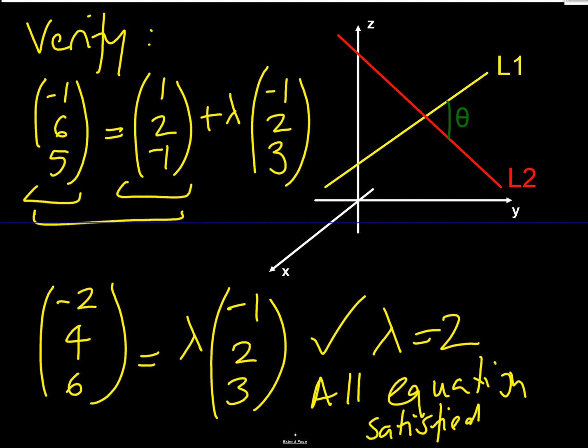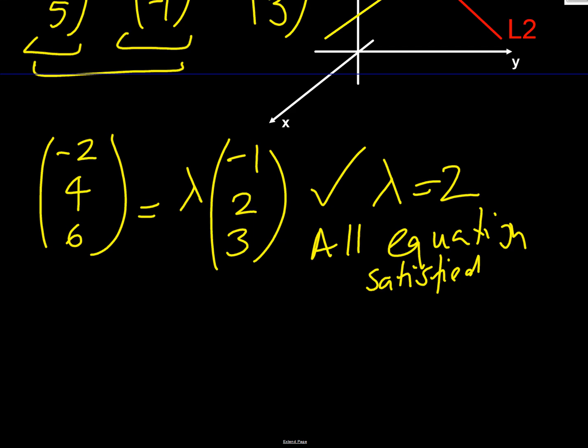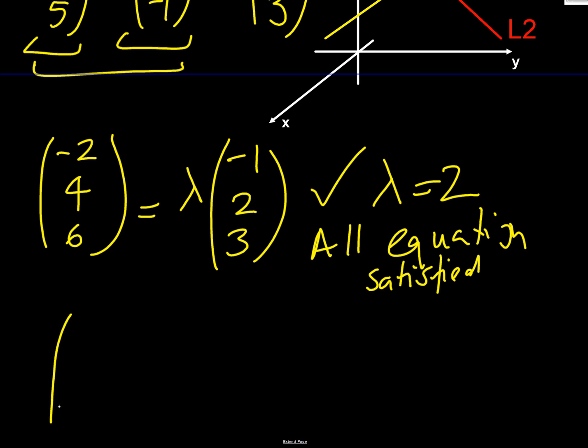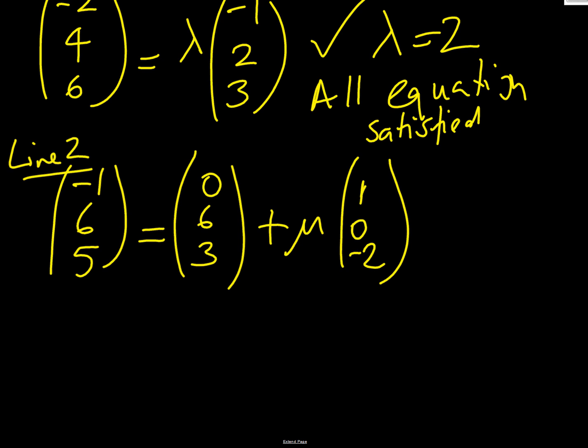Let's go to the second equation quickly up here. (0, 6, 3). So here's the equation for line 2 on the right hand side, and here's our point P on the left hand side.